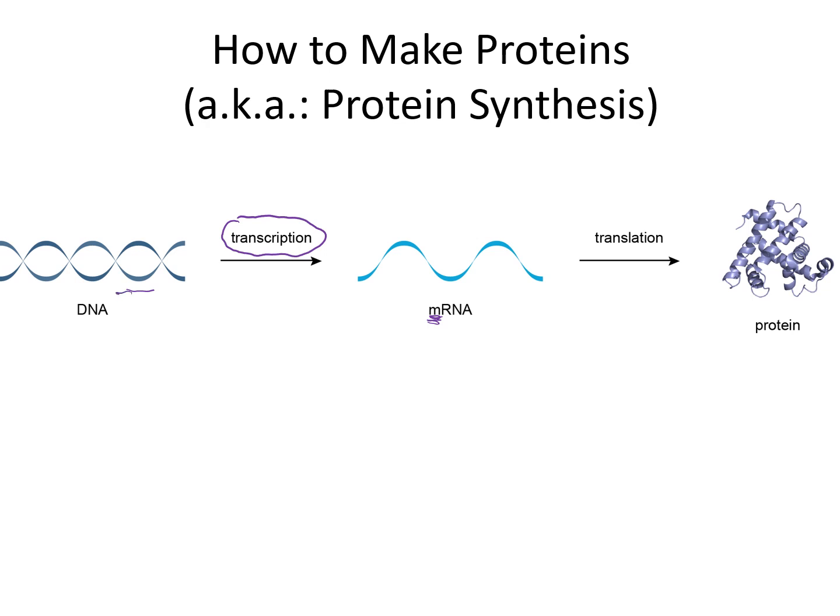So DNA gets transcribed, that means rewritten, but it rewrites it in a slightly different way. It writes it as RNA. Again, we talked about some of the differences between RNA and DNA. Then that RNA gets translated by a ribosome.